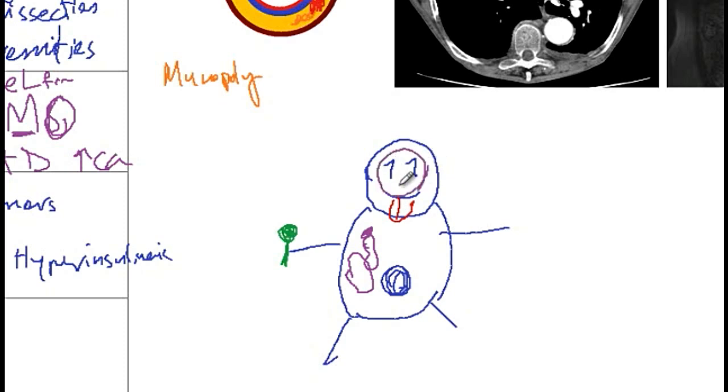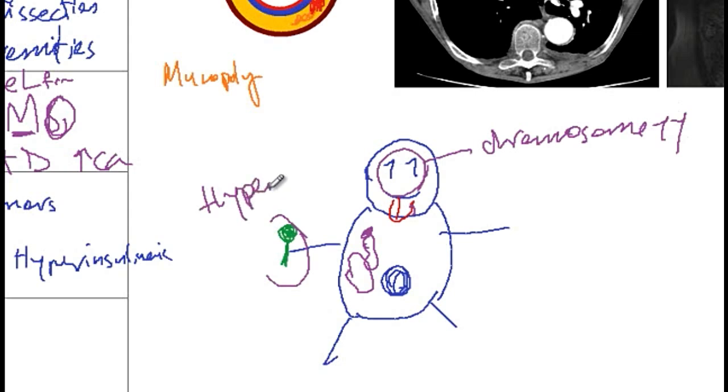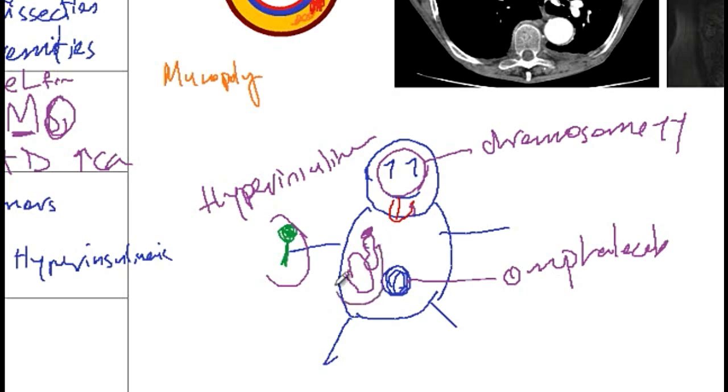So 1111 goes for chromosome 11, where mutations are associated with the syndrome. Large tongue, candy goes for hyperinsulinemia. Omphalocele. And finally, liver, kidney, and the adrenal glands, these are usually the tissues that will develop tumors. And so you can use this memory aid to memorize the features of this syndrome.